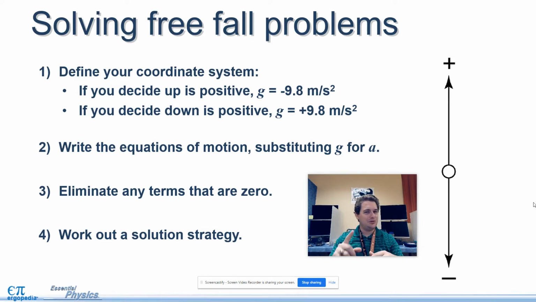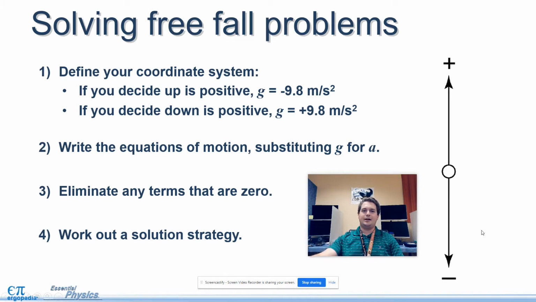Gravity pulls downward. Okay. Then what I would do is anytime you have acceleration in an equation, just plug in g. If you know it's a free fall problem, gravity is the only acceleration, put a g instead of an a, and there's your free fall equation.